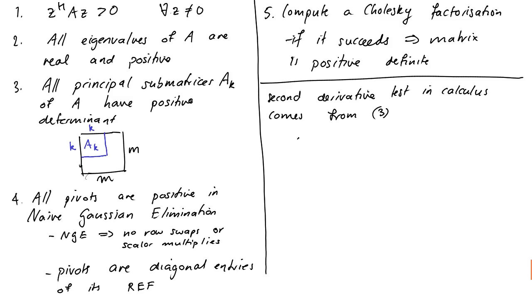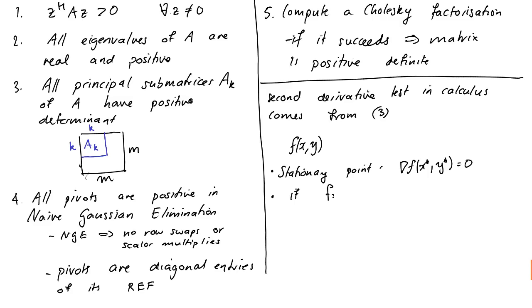Let's say I've got a function of two variables, f of x, y, and we find a stationary point where the gradient of f equals 0. Then, if you remember from first year, what you probably did was something like this.